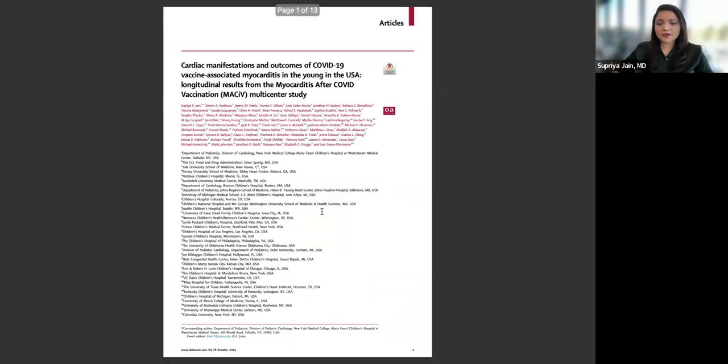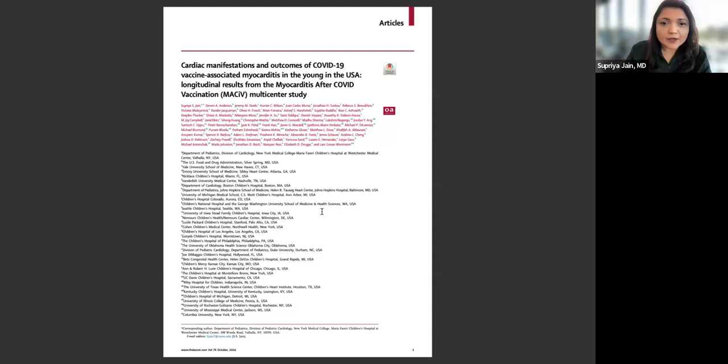Okay. All right. So thank you for giving us this opportunity to present our study findings of MACiV. This is myocarditis after COVID vaccination. It's a multi-center study, and I just want to highlight this was a big collaborative effort, mainly by the CMR members, and so it really speaks to the true spirit of collaborative research.